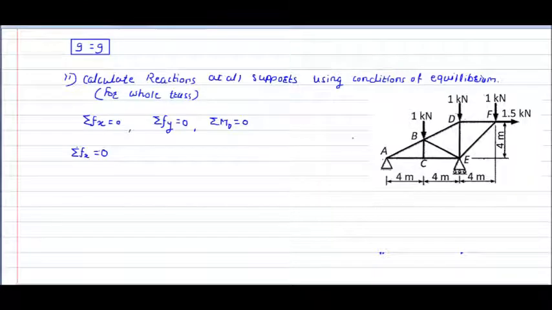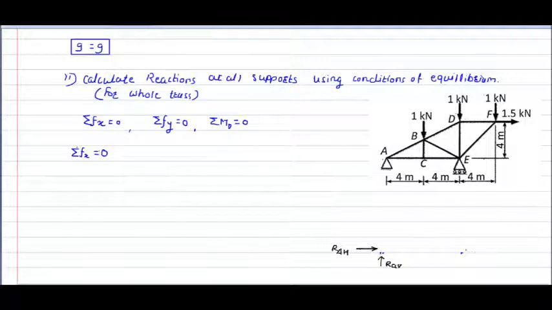Now for this case, I will simply draw this figure and only the forces and reactions on that complete figure. Suppose this is our point A with RA vertical, and at this point there's a horizontal reaction, RA horizontal.